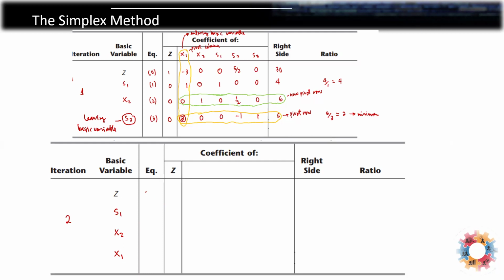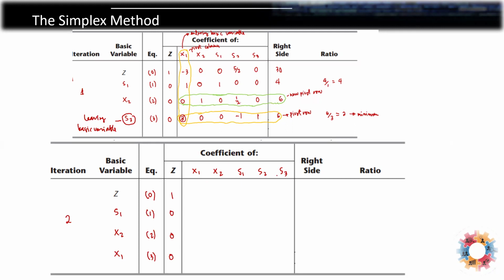And then we have equation 0, equation 1, equation 2, and equation 3. You have 1, 0, 0, 0. And then you have here X1, X2, S1, S2, and S3.